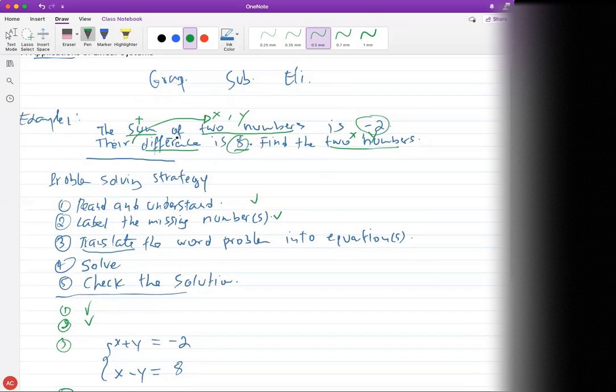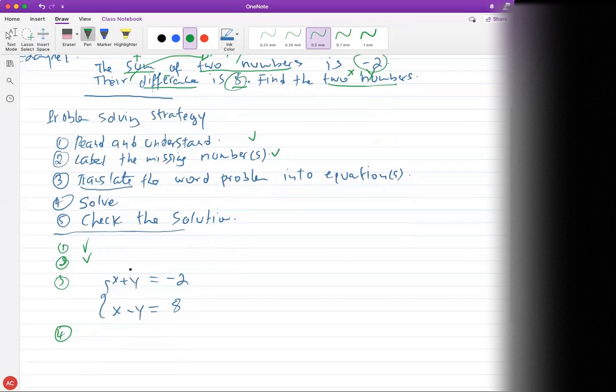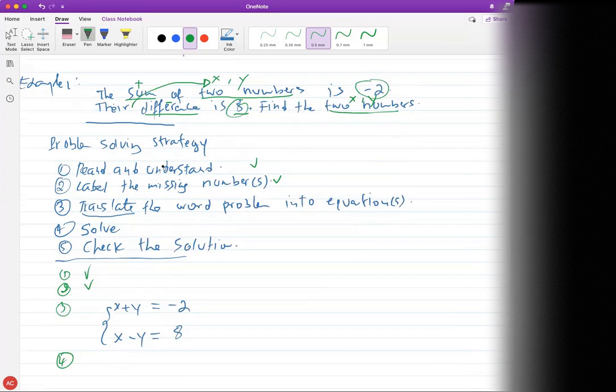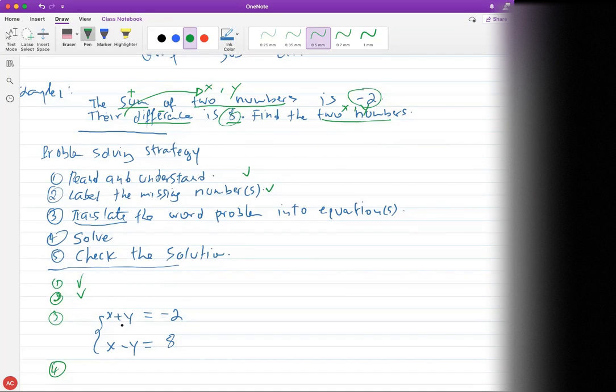Based on what we studied before, especially the last class, which method do you want to use to solve the system? Elimination, substitution, or graphing? Which one seems easy to use?